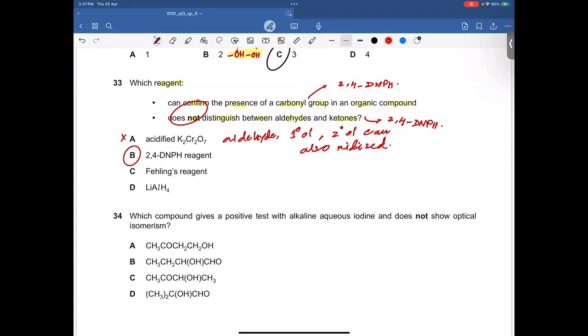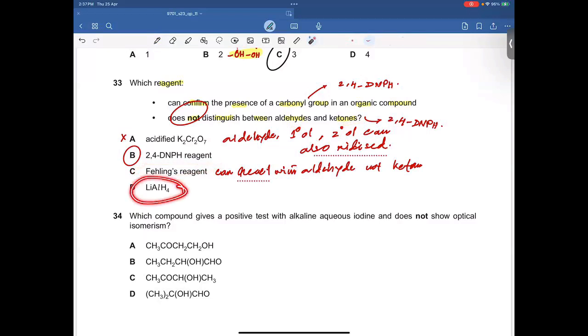Phthalate reagent can react with aldehyde, not with ketone. So by using this reaction, I can distinguish aldehyde and ketone easily. Lithium aluminum hydride undergoes reduction both with aldehyde and ketone.